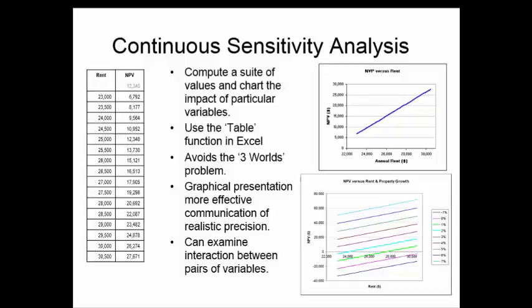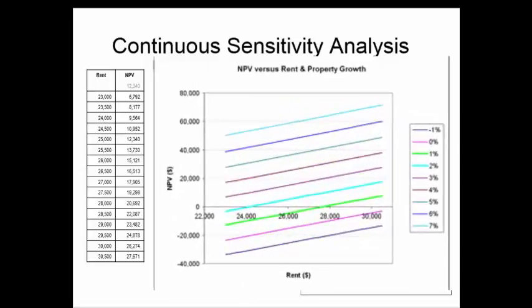As well as the single variable sensitivity analysis that we see in the top chart, we can also use the Excel table function to analyse pairs of variables moving together. And this is done in the chart at the lower right hand side of the slide, which shows the behaviour of net present value versus rent and property growth.